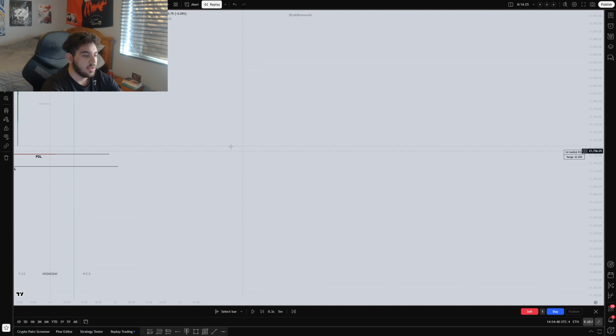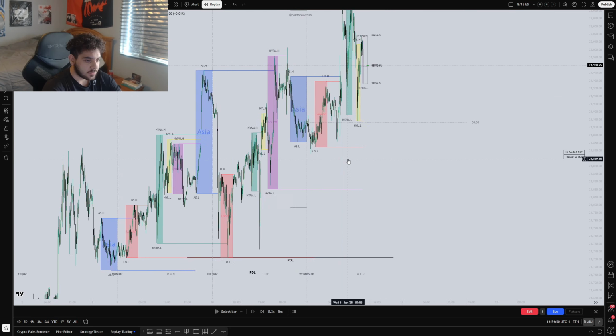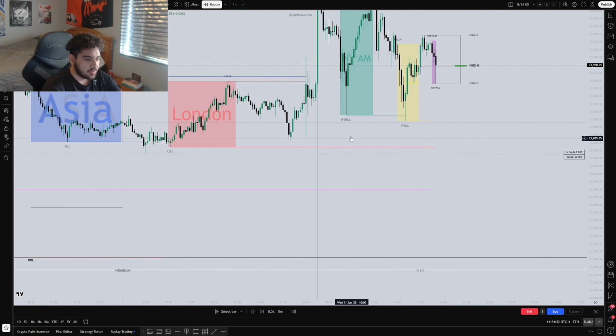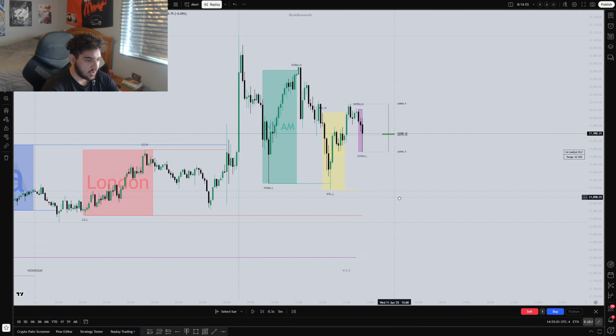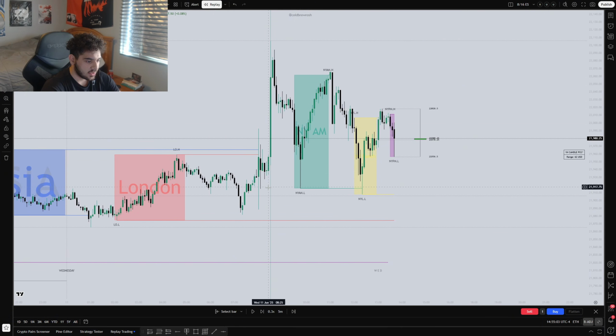Initially yesterday, I was looking at price and I wanted to get some of this sell side down here. But price wasn't very responsive to that. We traded down, we took some sell side, and then we went to buy side, and that's just not what I was expecting.